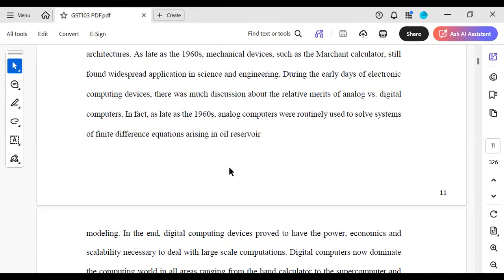For example, during the time they were using firewood to cook, that is the analog age. The method of using firewood to cook can be referred to as analog.